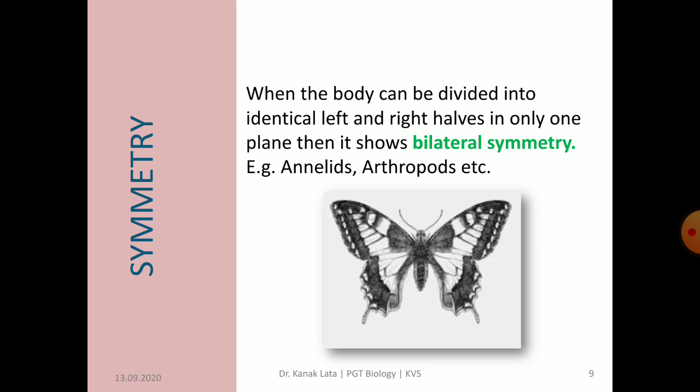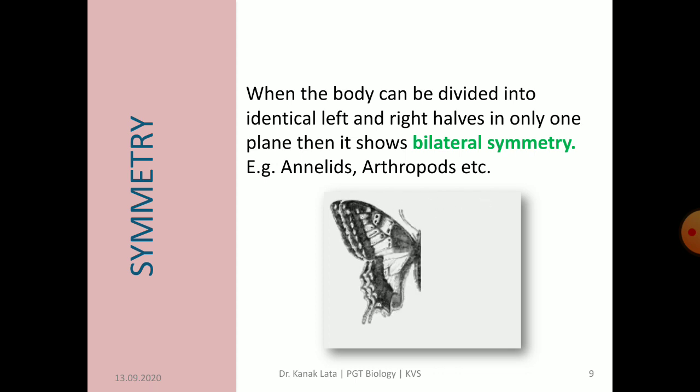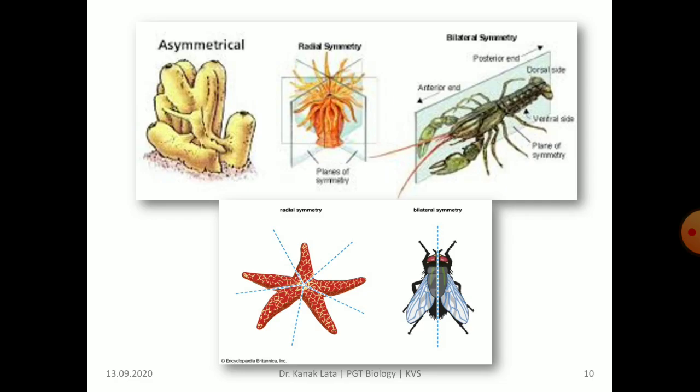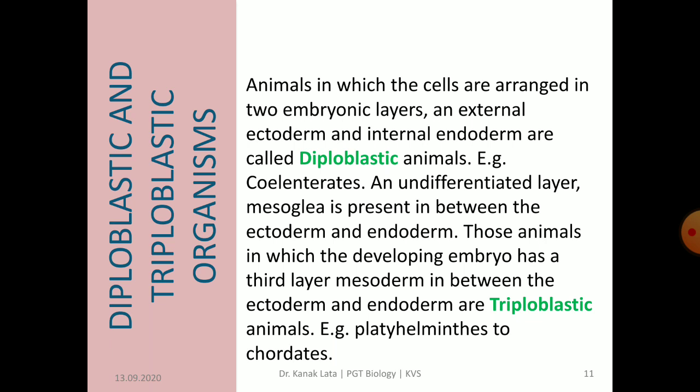For example, it is seen in annelids, arthropods or chordates. You can see here the butterfly, and it shows bilateral symmetry. In this figure you may observe the asymmetrical, radial and bilateral symmetry of different organisms.